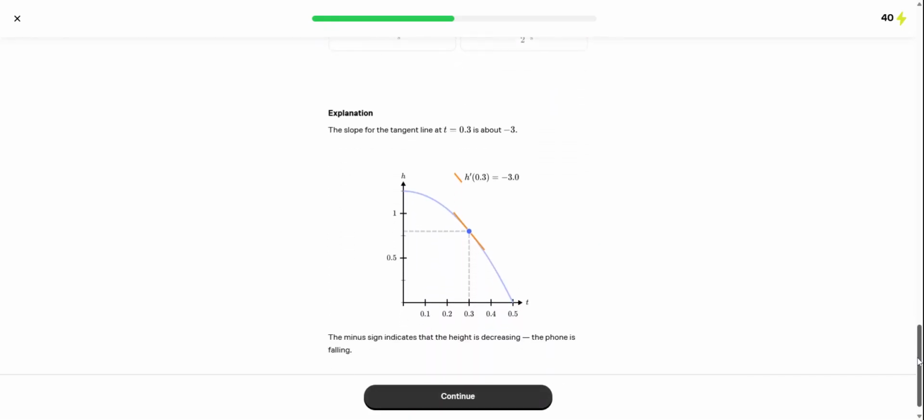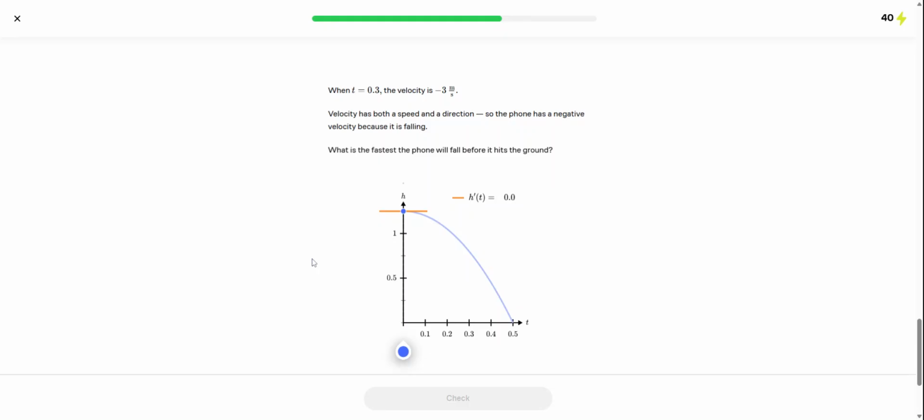As I previously mentioned, the slope of the tangent line at t equals 0.3 is about minus 3. So just drag the point to exactly t equals 0.3 to find the slope, where the minus sign indicates that the height is decreasing, therefore the phone is falling from the air to the ground, as you just discovered. Alright, so continue.